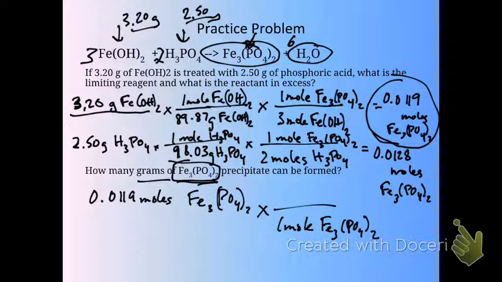All right, iron 55.85 times 3 plus phosphate.